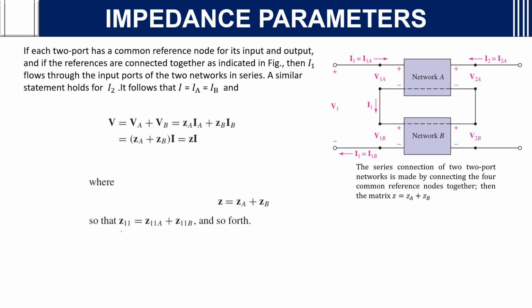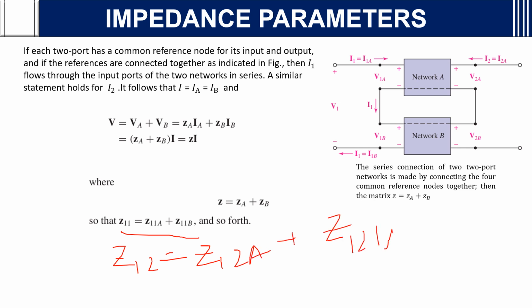So Z11 is equal to Z11A plus Z11B. In the same way, Z12 is equal to Z12A plus Z12B. Same way for Z21 and Z22 you can write.